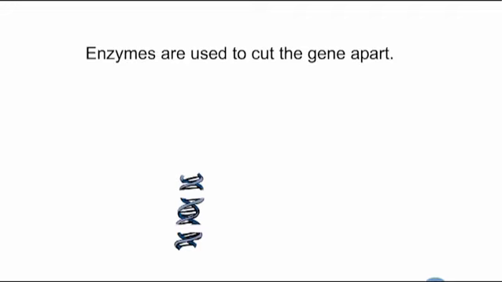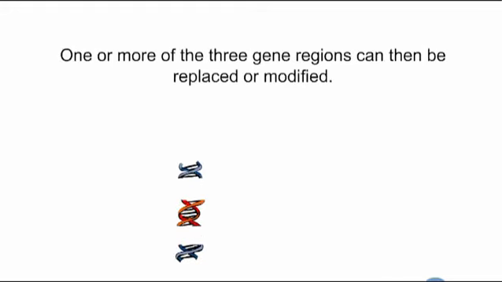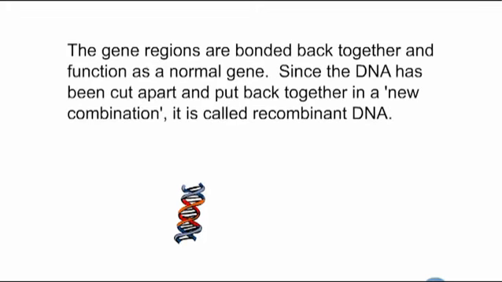So once the gene of interest has been cloned, we know well what to do with this gene. There are enzymes used to cut the gene of interest. So here one or more of the three gene regions can then be replaced or modified. The gene regions are bound back together and function as a normal gene.